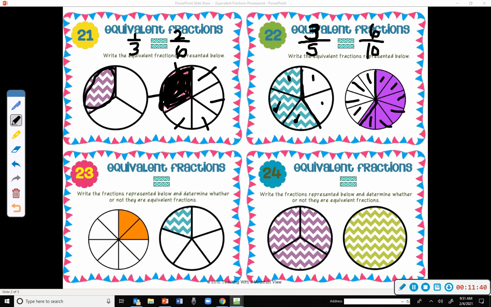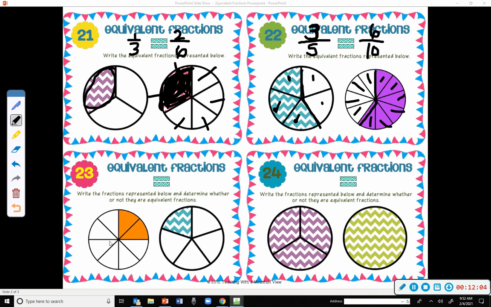Okay, number 23. Write the fractions represented below and determine whether or not they are equivalent fractions. Does it look like the same amount is shaded? Some say no, some say yes. Okay, well, we'll see.